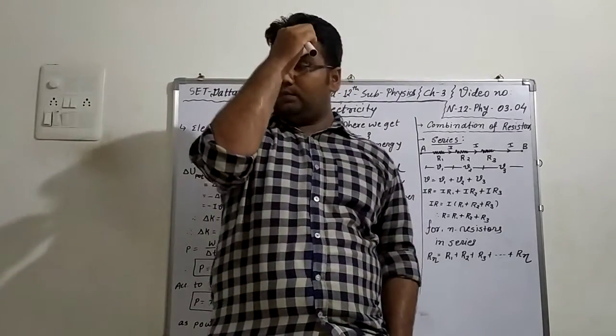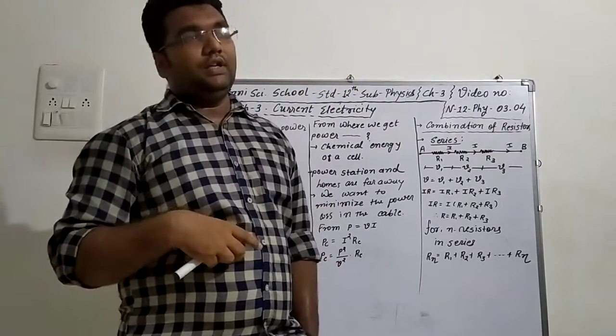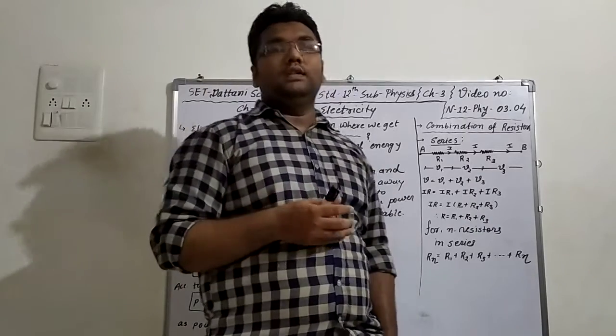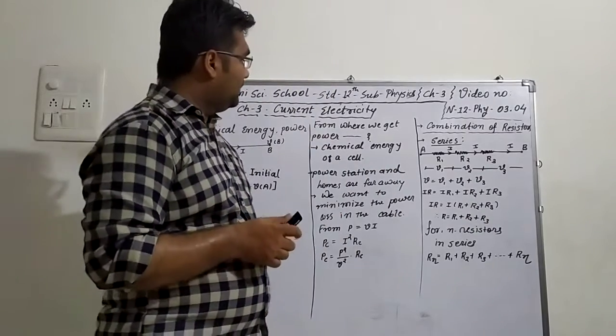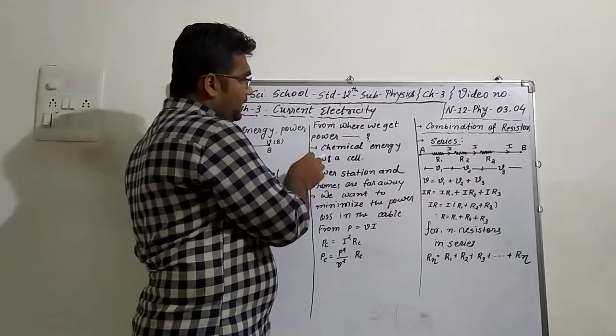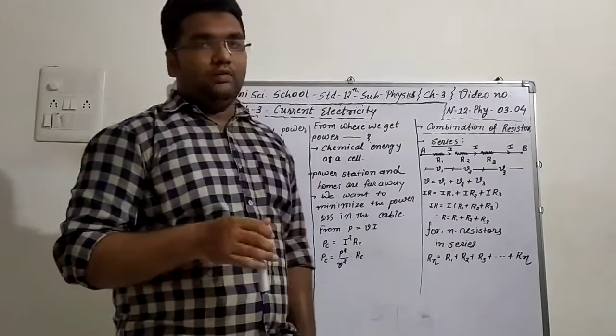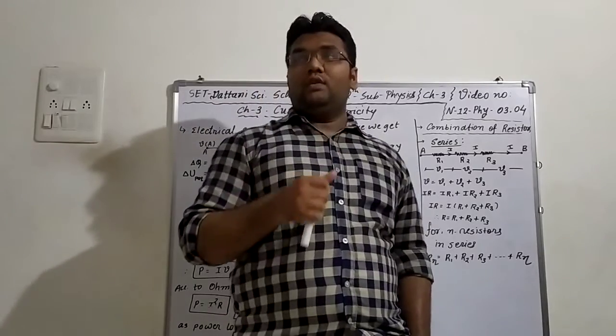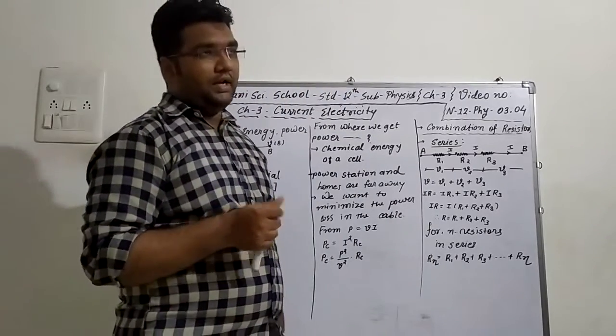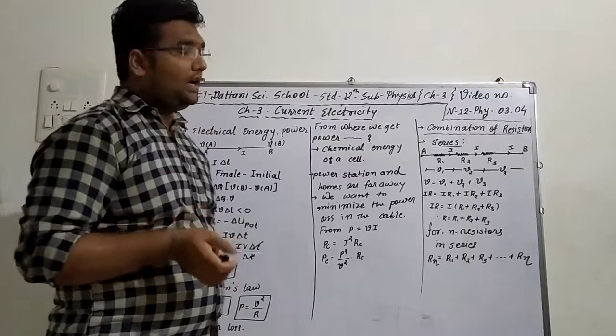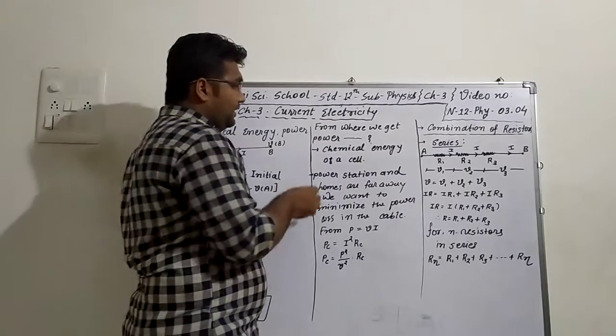In our household appliances, we get electricity, but we don't know where it is coming from. Simply, this power is coming from the chemical energy of a cell. We have cells in our TV remote and in our wristwatch, etc. We have the dry cell.